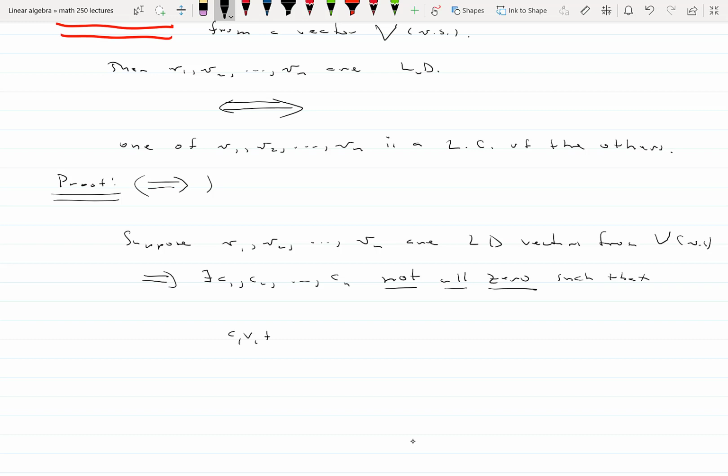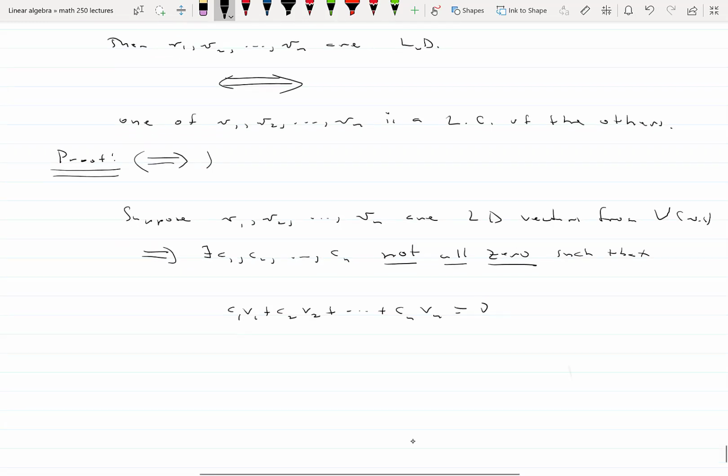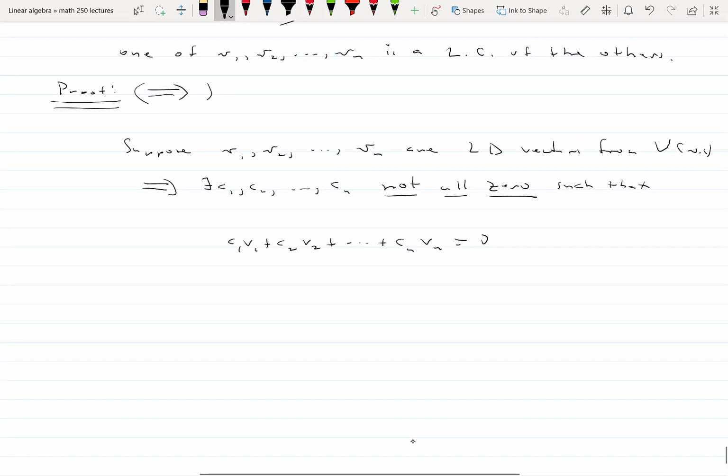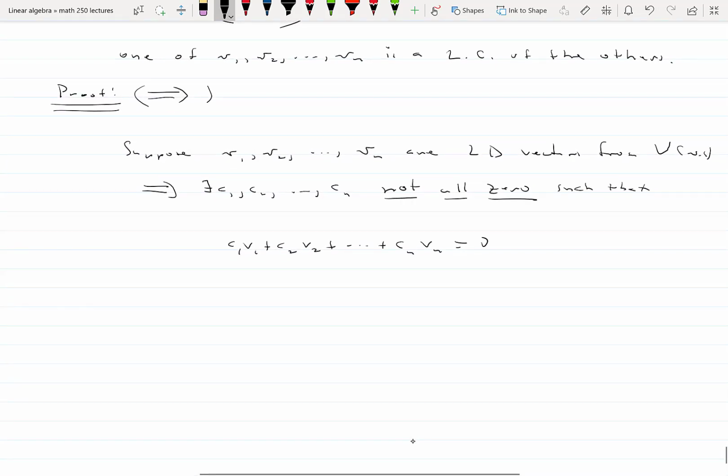C1 V1 plus C2 V2 plus dot dot dot plus Cn Vn equals 0. I know that there exist constants, and at least one of those constants is not zero. Pick that one that we're guaranteed to be not zero.